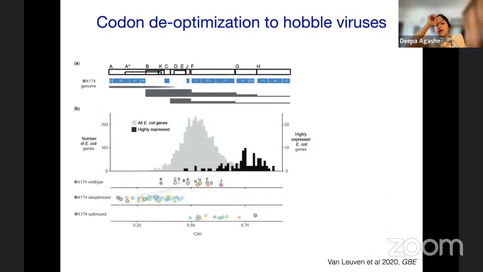Okay, so I want to now move to talking about a different set of assumptions. So this is all to say that we've made assumptions about synonymous mutations and selection at synonymous sites for decades, and that has been the baseline on which we've built a lot of the methods that are used in population genetics and evolution. We need to rethink those assumptions a little bit more, and hopefully develop new methods.